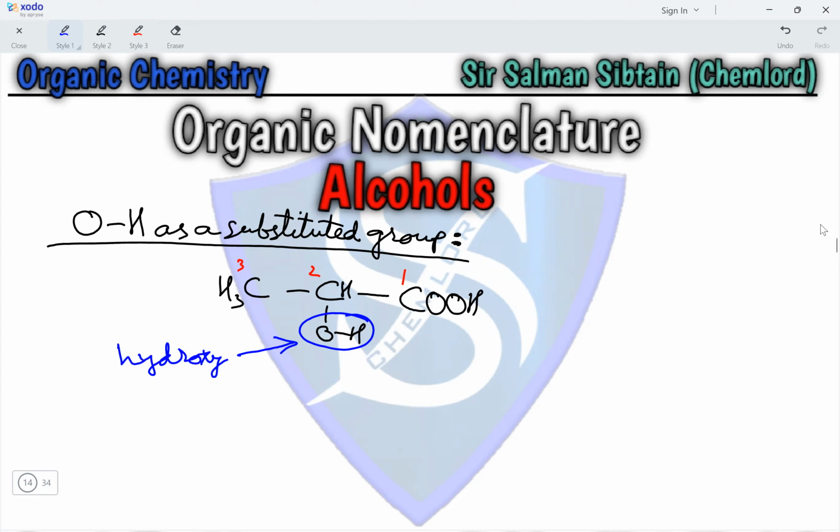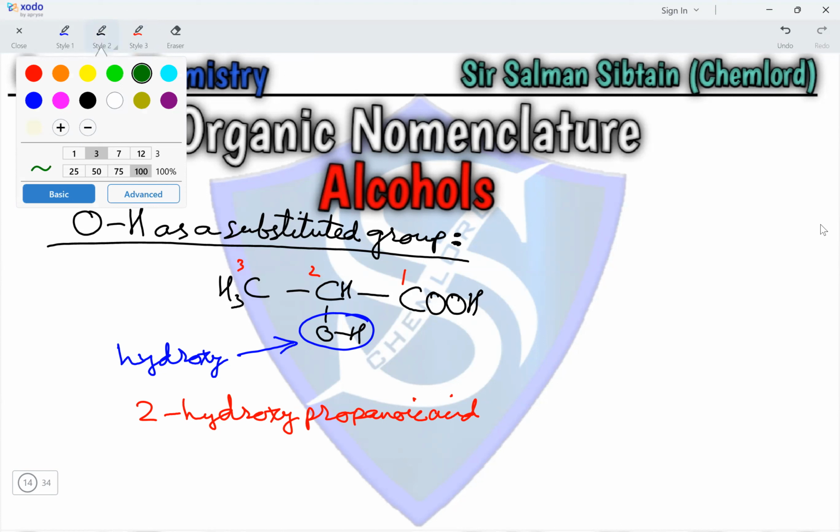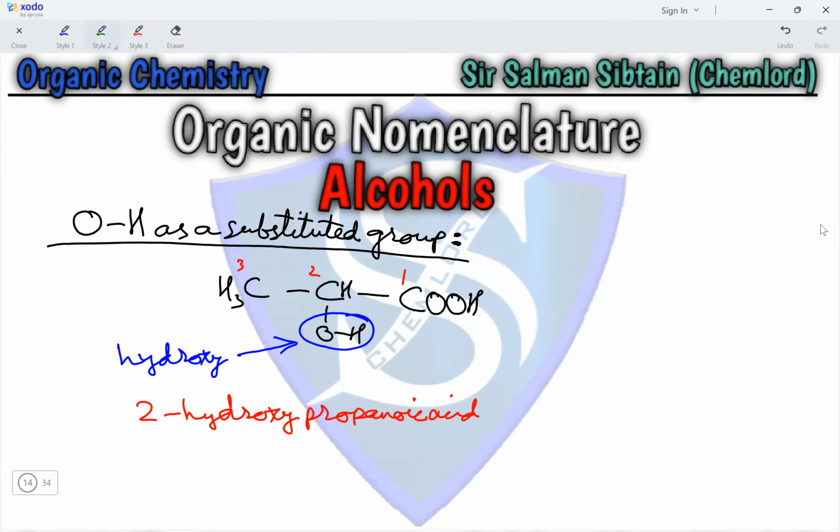So the name of this compound would be 2-hydroxy, and 3 carbon carboxylic acid would be called propanoic acid.